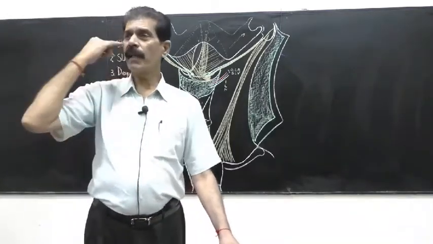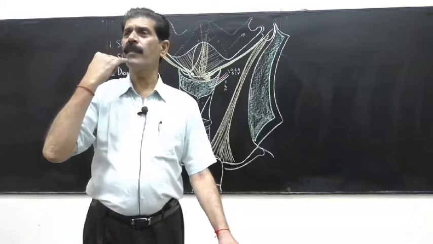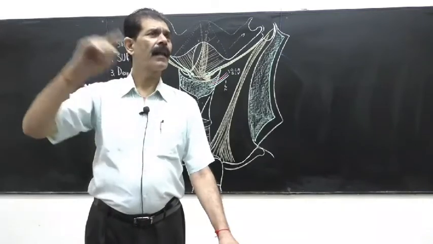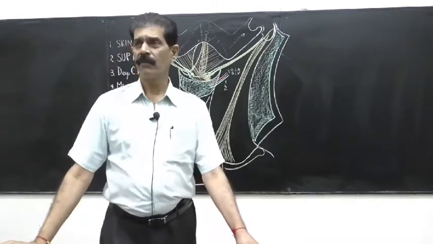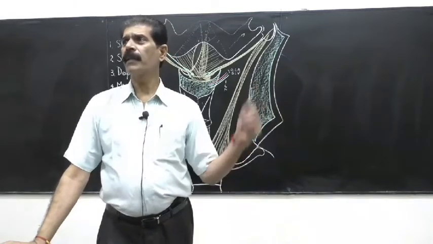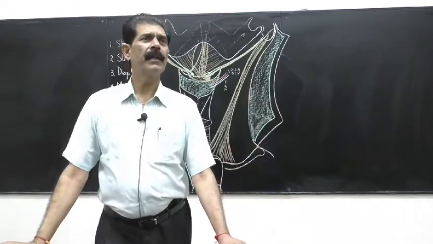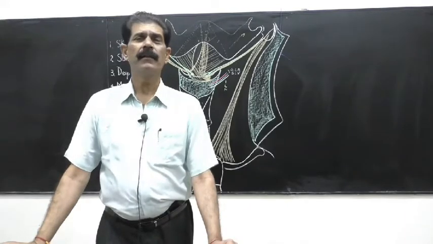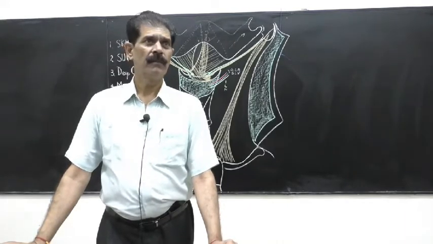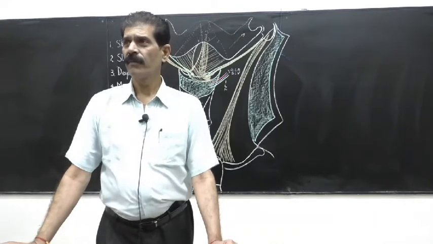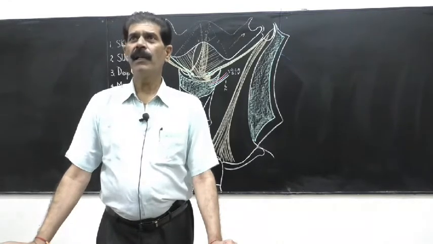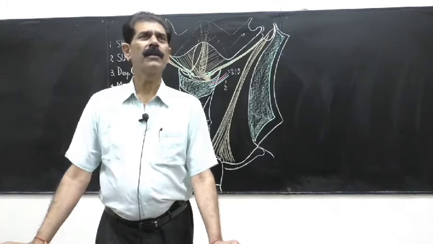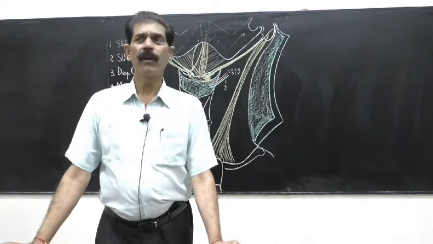Inside the ramus and the body of the mandible there is a canal called the mandibular canal, whose upper end is the mandibular foramen near the lingula. Lingula is a small tongue-like bony projection. Why is it called lingula? Because it looks tongue-like, triangular.